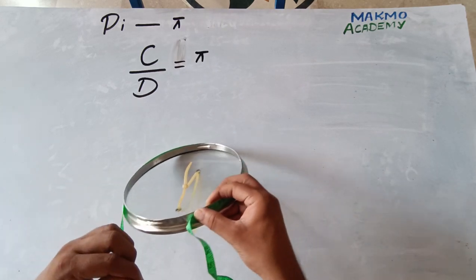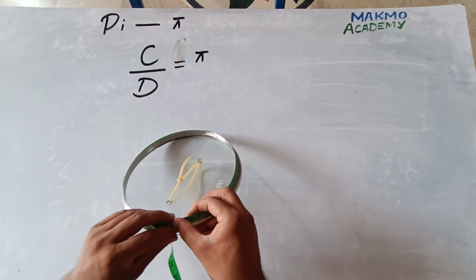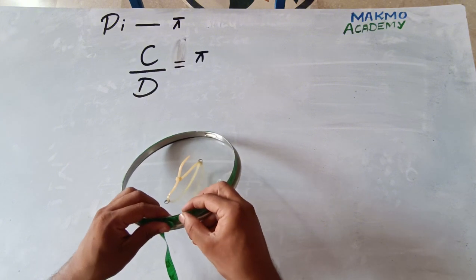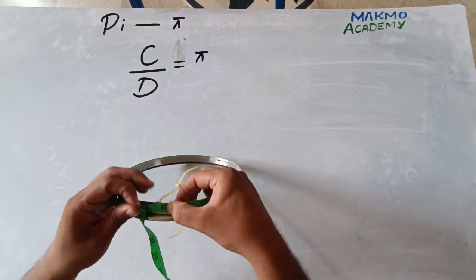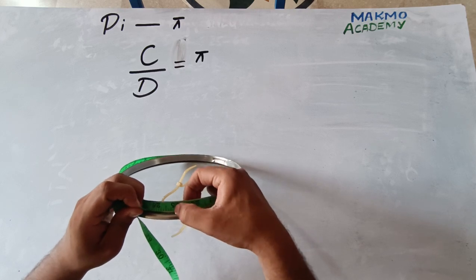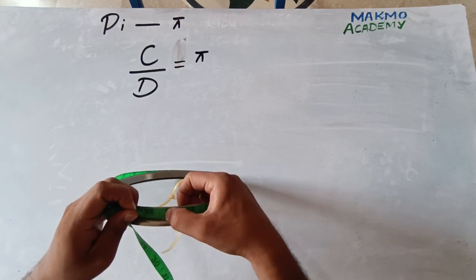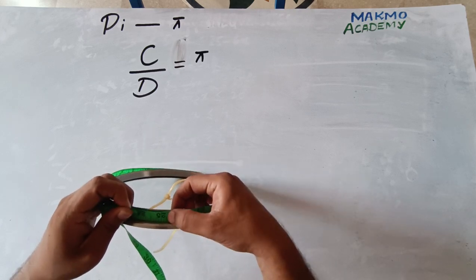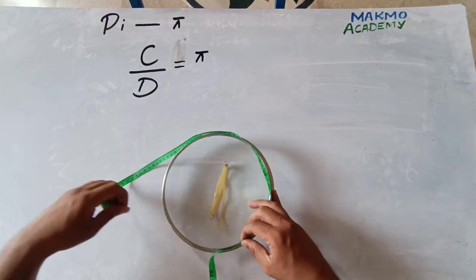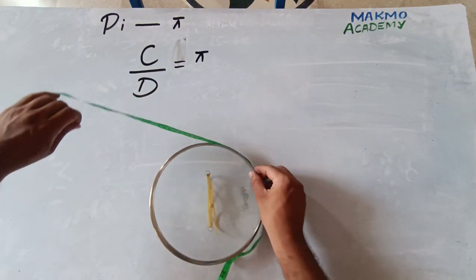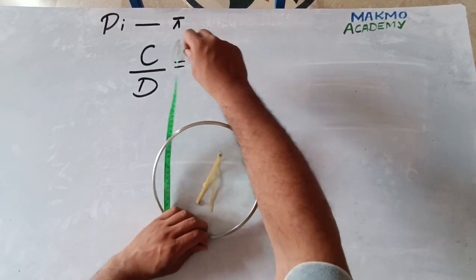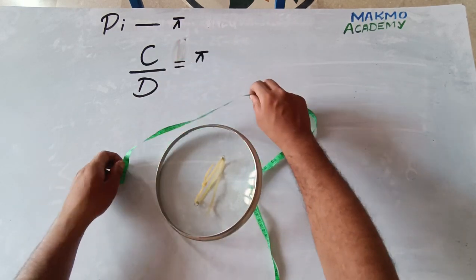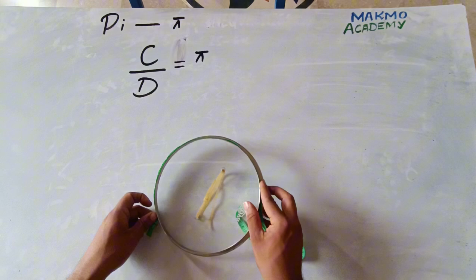So let's wrap it around and see what the measurement of this is. It's 25 and a half, and between 25 and a half it's around 25.125. So let's measure it very accurately.